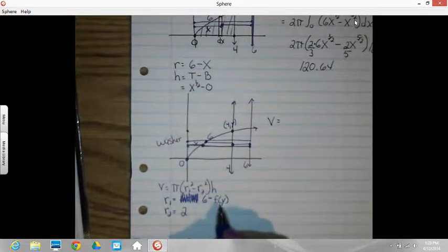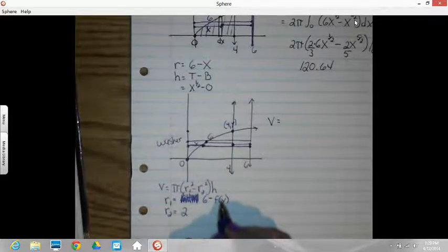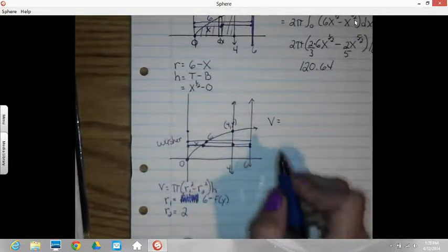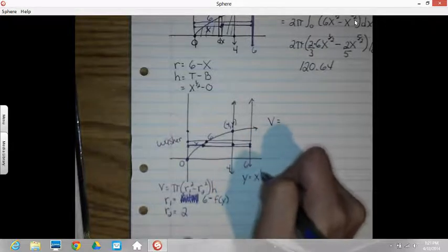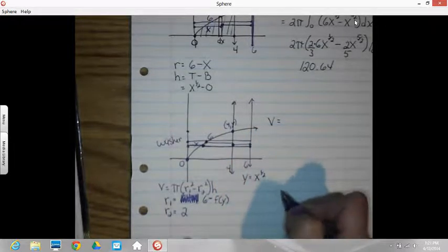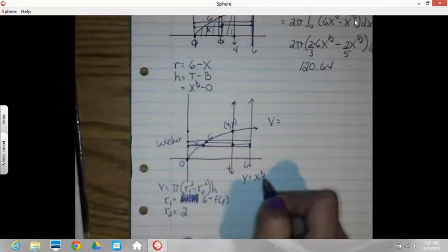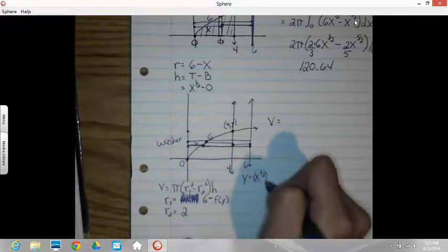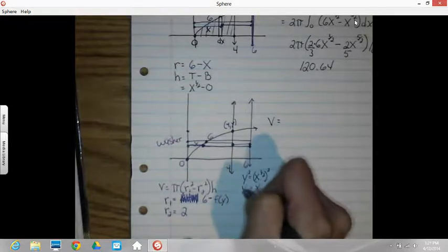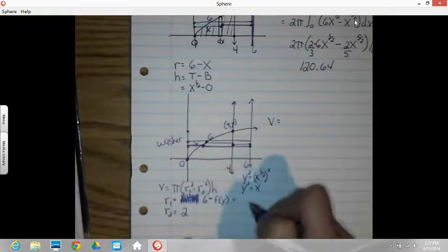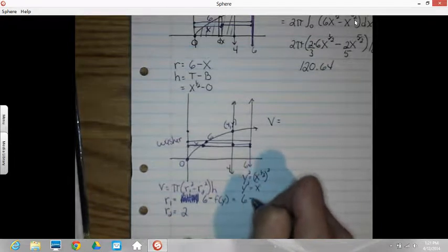Okay. So, going back, I've got y equals x to the 1/2. I need to get in terms of y, so I'm going to solve for x, so I'm going to square both sides. So x equals y squared. So my first radius is 6 minus y squared.